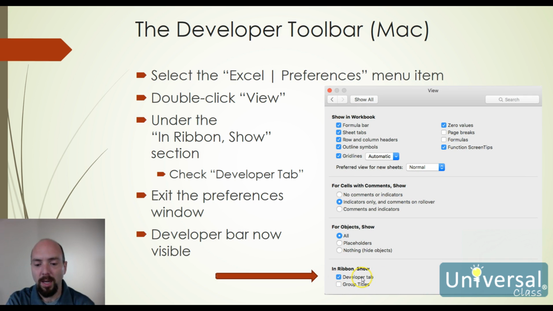You check this and that turns on the Developer tab. If you're used to using Office on a Windows computer, you'll also want to check Group Titles, because that will put the title at the bottom, underneath the sections on the ribbon for things like formatting and inserting.